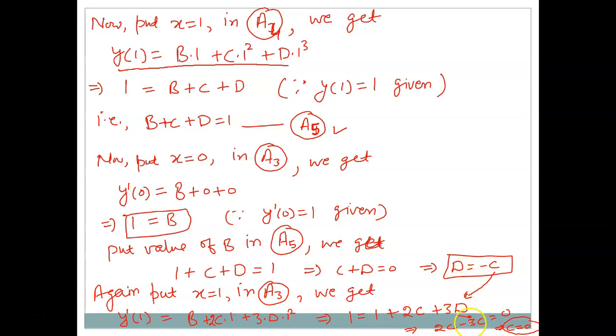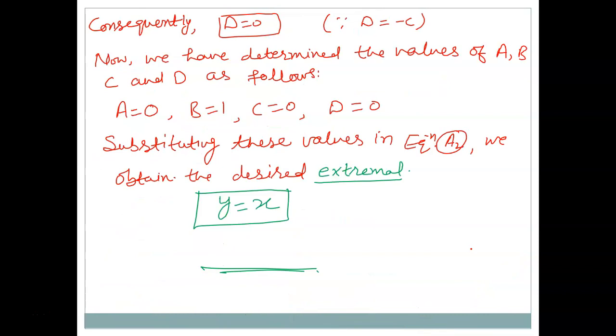Substituting d equal to minus c, the equation takes this form, and consequently we have obtained the value of c. So far we have obtained a is 0, b is 1, c is 0. There is a relationship between d and c, so when c is 0, d is also going to be 0. Therefore d is equal to 0.